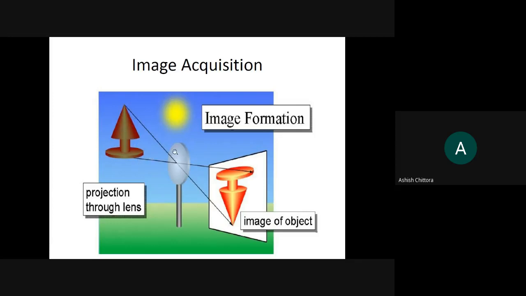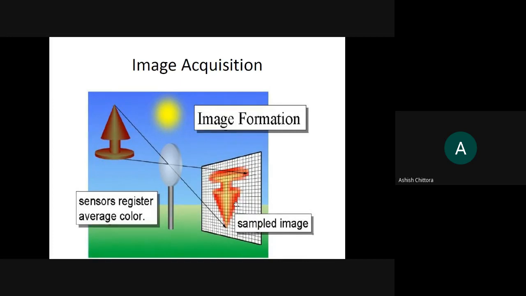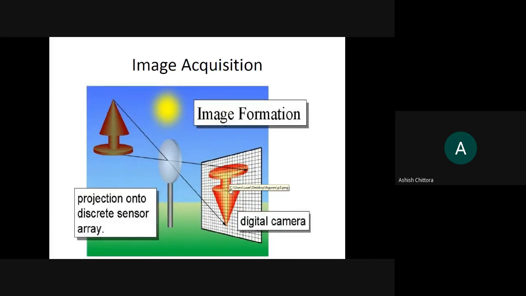The object, using an imaging system, energy is incident on an image plane, and it is captured and recorded. So it is digitized in space first. In space, the space consists of a grid, or you can say different discrete sensors.